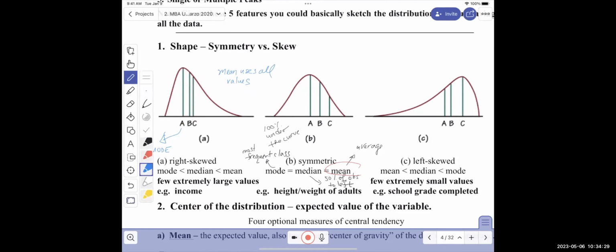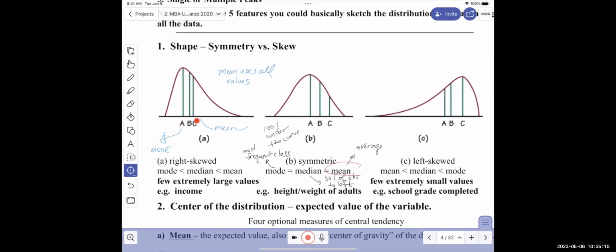It turns out that the mean has to balance the distribution, physically, so this area here has to be offset by this area here to be able to balance on C. If you think about this long tail as a physical object, trying to balance on this point here is more likely than balancing here. If you tried to balance on A, it would tip over to the right. That's the right skew idea.